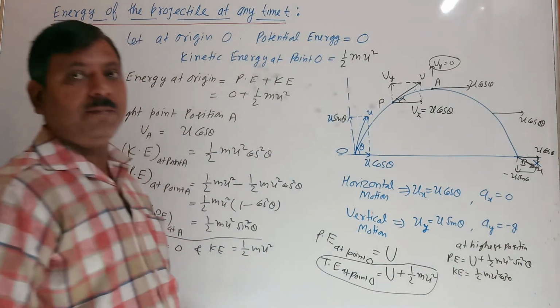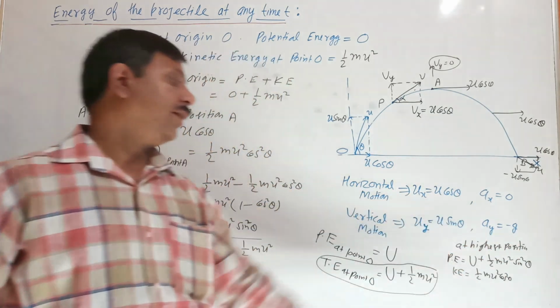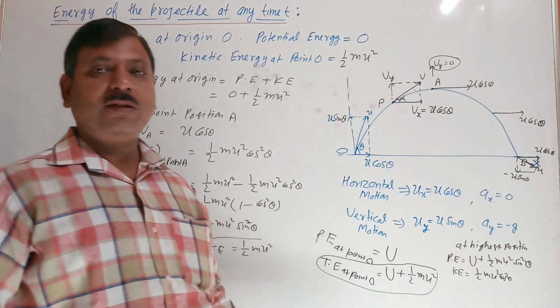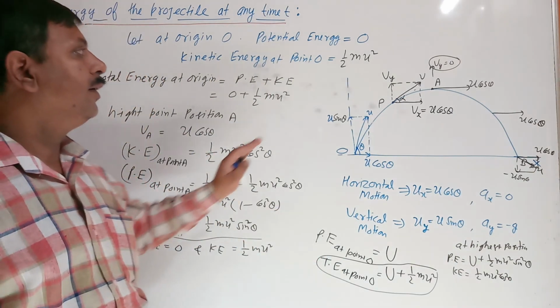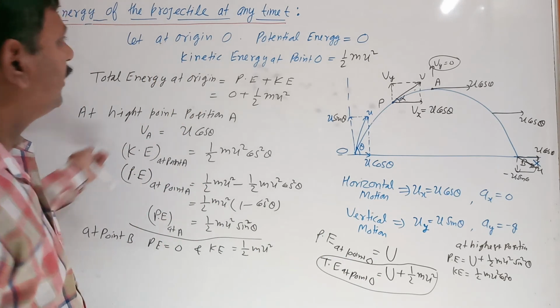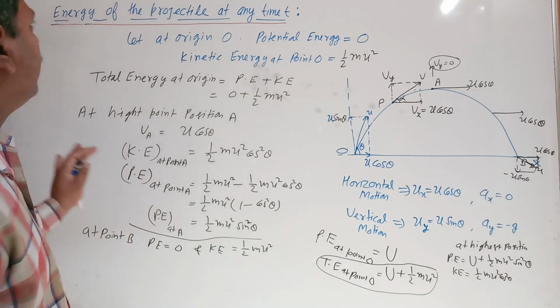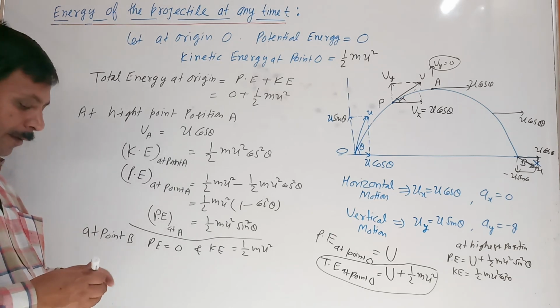The total energy will be the sum: U plus half m u square sin square theta plus half m u square cos square theta. So the same thing will be there. The potential energy U will be there, and you can convert or find the energy at any point in the projectile motion.